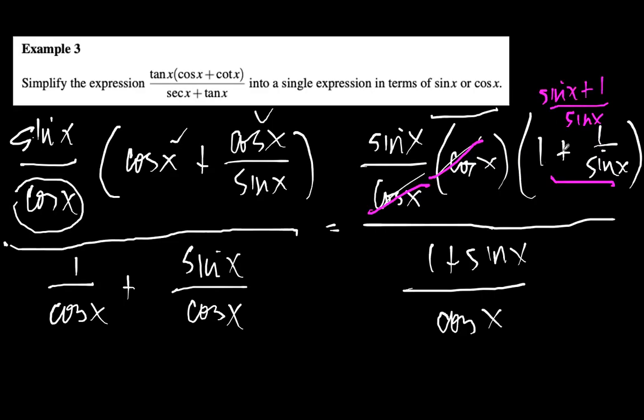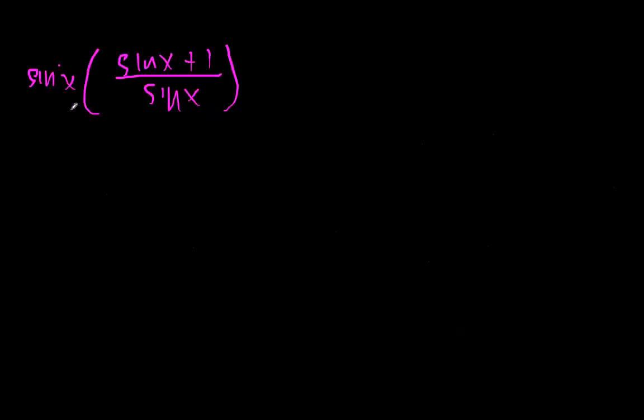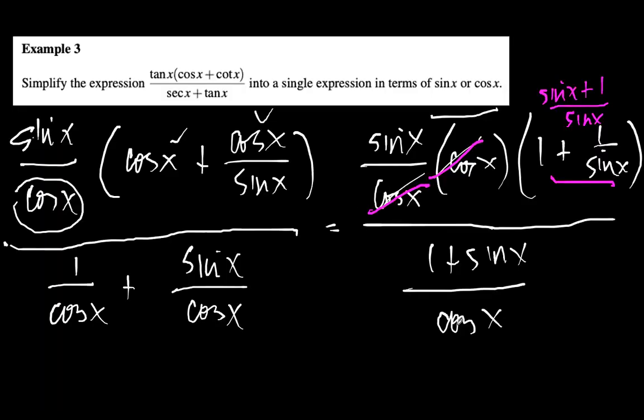So let's just rewrite the given expression. So this becomes sine x times sine x plus 1 over sine x. Right? Yeah, that's right. Times, I can now reciprocate, guys, the denominator. Okay, reciprocate. Take the reciprocal of the denominator.